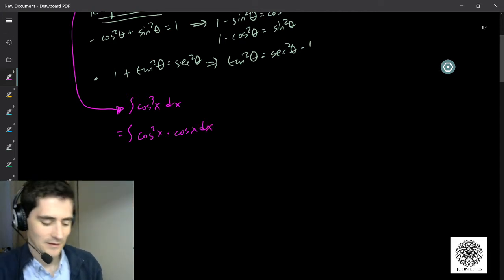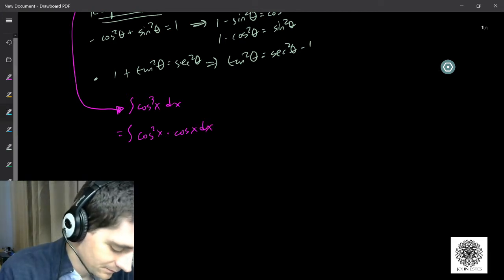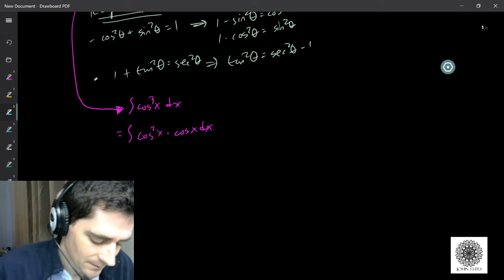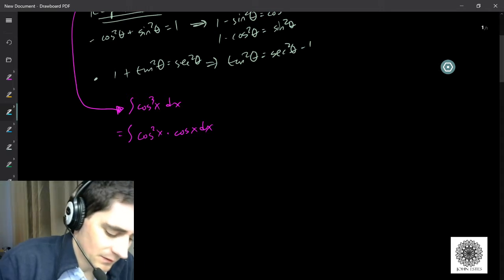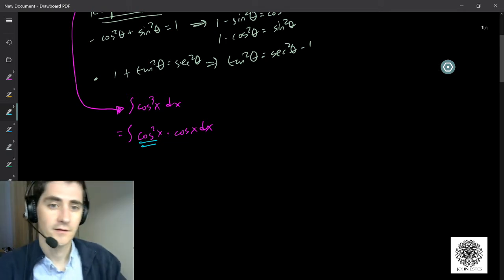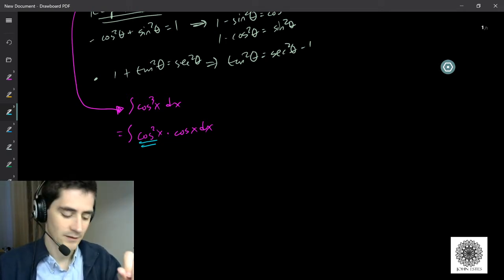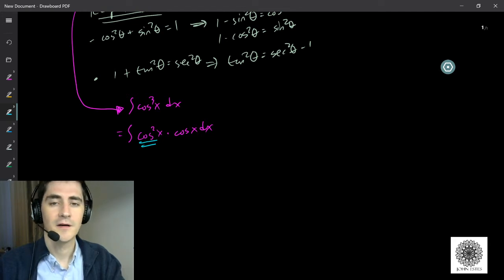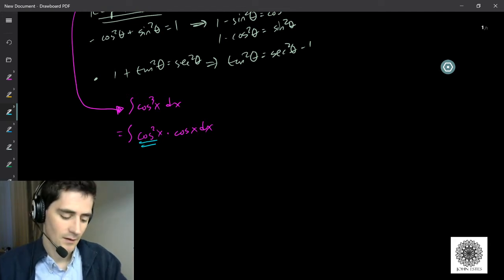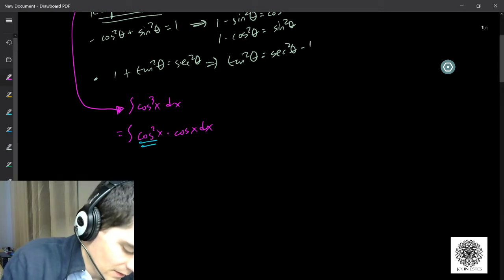All right. Now, why does this work? Because now notice that I can use a trig identity on the cosine squared. So if I can get an even power of cosine by itself, maybe I can simplify that through some trig identities. So what I'm going to do here then is rewrite this.